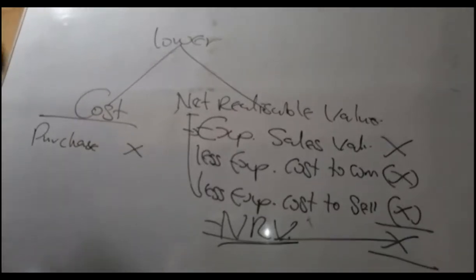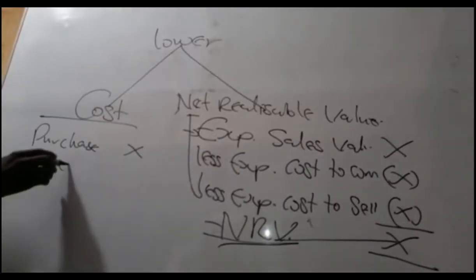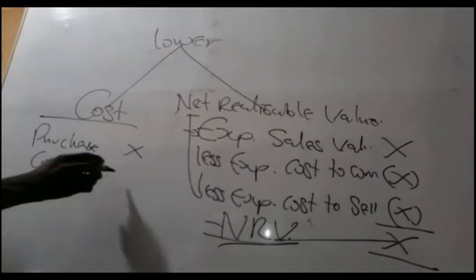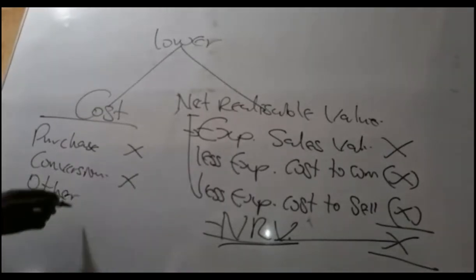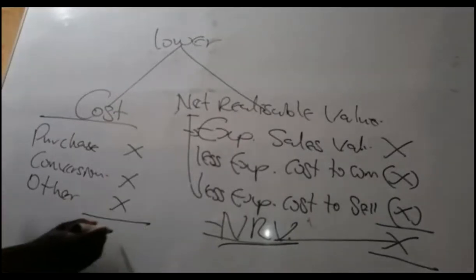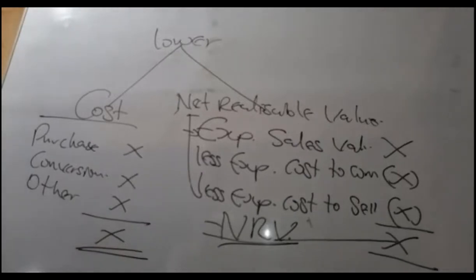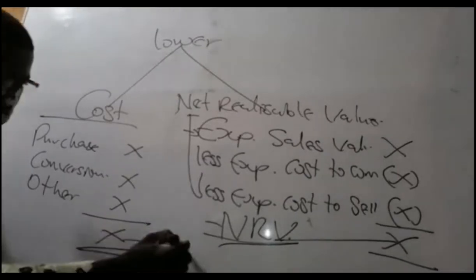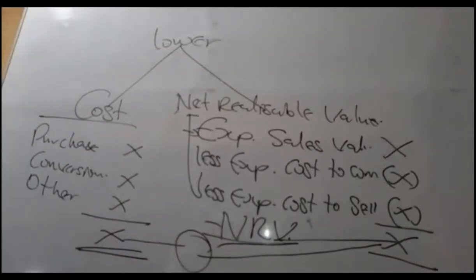Those are called conversion costs, and any other costs. This will now give you the total cost of the inventory. Then you compare this figure to this one, and you select what? The lower. You are done. That is the game.